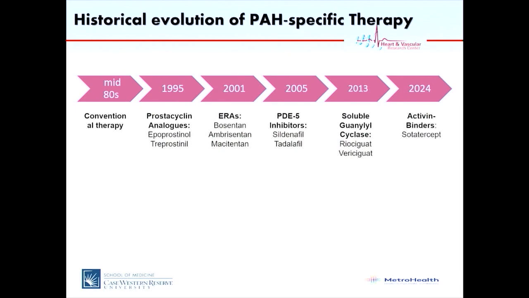And then in the early 2000s, we had the endothelin receptor antagonists and the PDE5 inhibitors later on. And then most recently, a month ago, a new group of drugs was approved, the first one in that group, the activin binders, sotatercept, which was approved just in April.